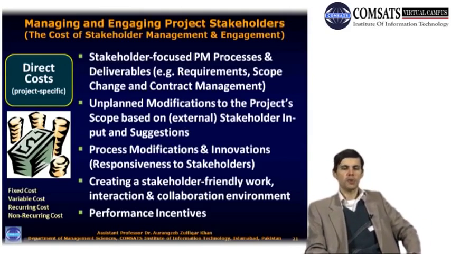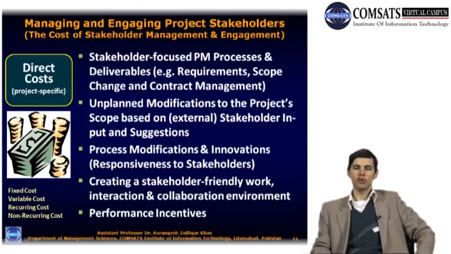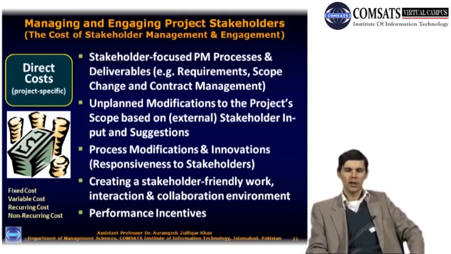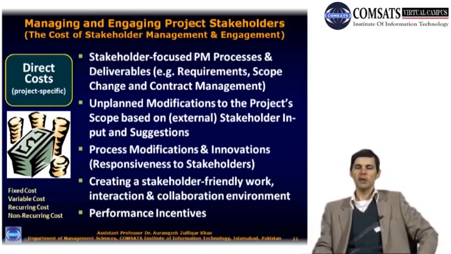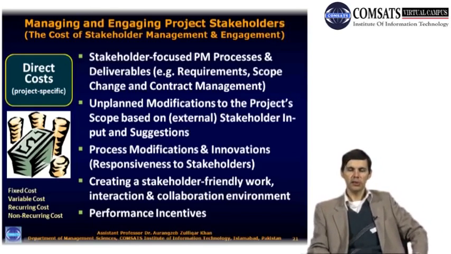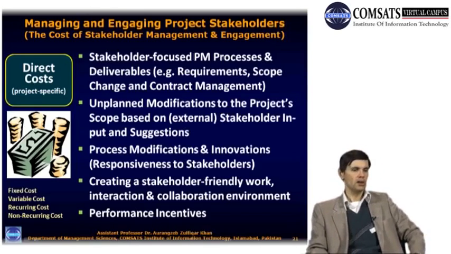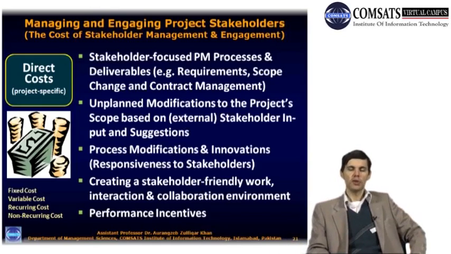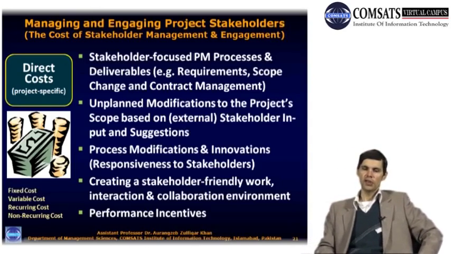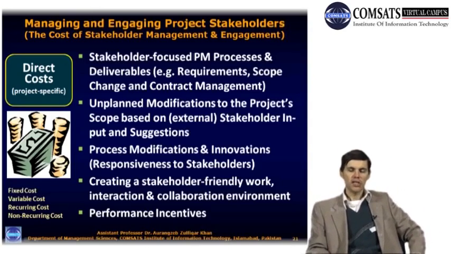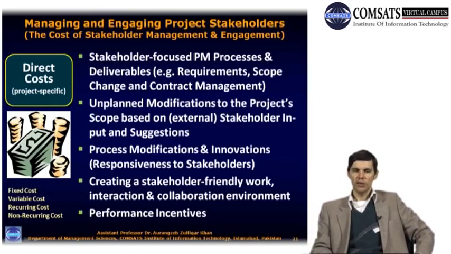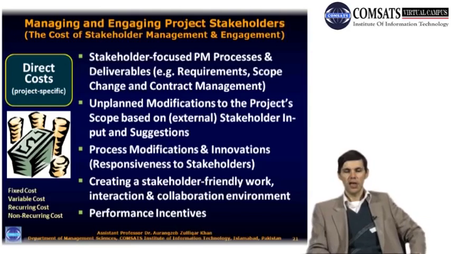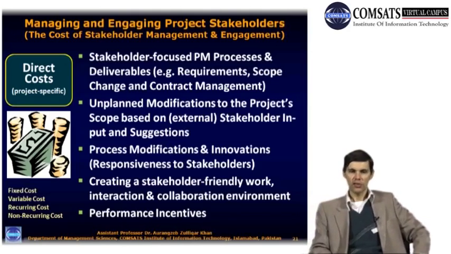Process modifications, process innovations to be more responsive to stakeholders, creating a stakeholder-friendly work and collaboration environment, a good working environment, nice space, nice lights, technology to communicate with stakeholders, as well as performance incentives in order to properly manage and engage stakeholders, to encourage employees and team members to properly engage and manage stakeholders, these kinds of incentives.